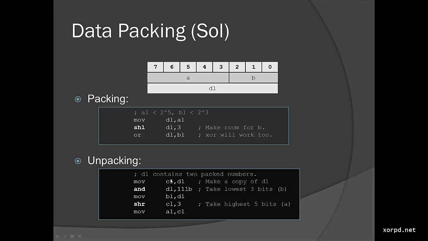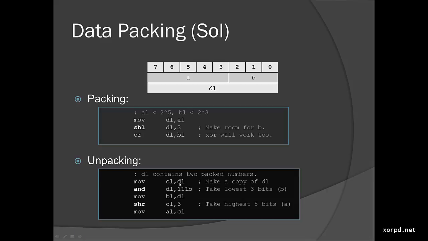CL is going to contain the copy. Now we use the AND instruction to take the lowest 3 bits, which are actually B. We just delete everything else inside DL and take only the lowest 3 bits. And then we move it into BL, which means that now BL contains only 3 bits, which represent the number B. The rest of the bits, the highest 5 bits of BL, are going to be 0.